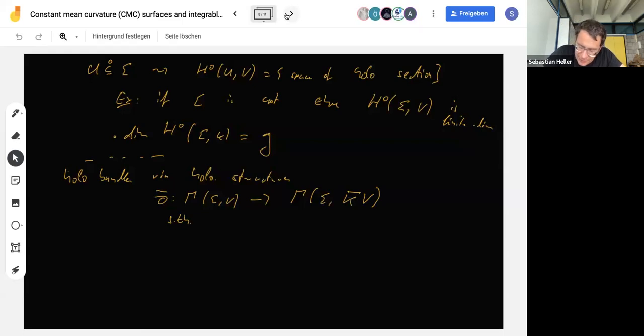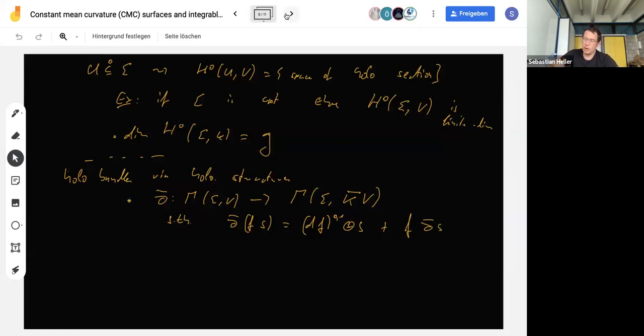So such that del bar of a section s multiplied with some function f is the same as we take the differential of f and look at the 0-1 part, the complex antilinear part of the differential, which vanishes if f is holomorphic, of course, tensor s, plus the function f times the holomorphic structure applied to s.